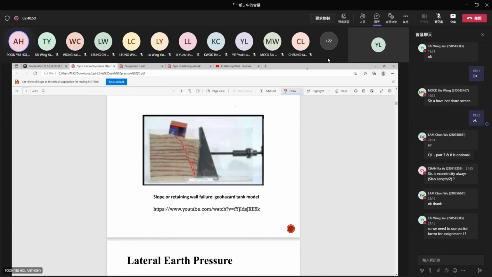Okay, so if you have pore water pressure U equals 0 here, if I put the drainage here, it's very good. So the pore water pressure here is 0. But what about here? Because water is flowing in.